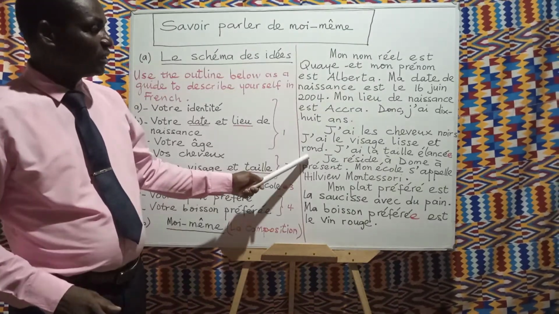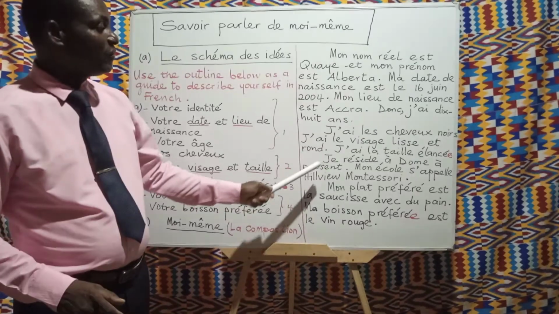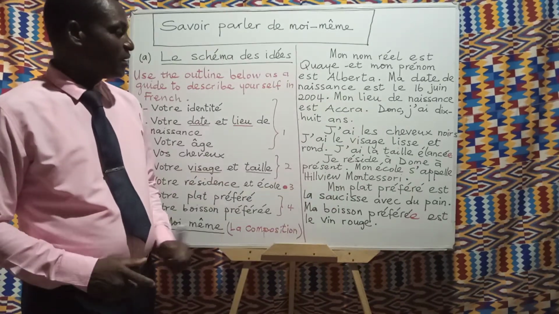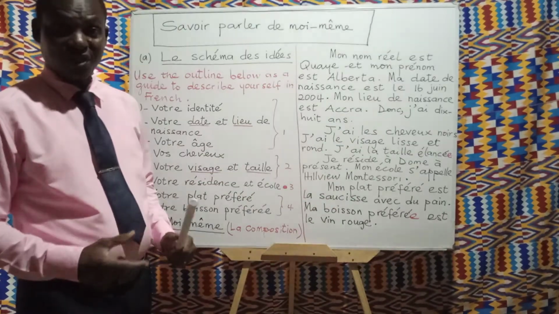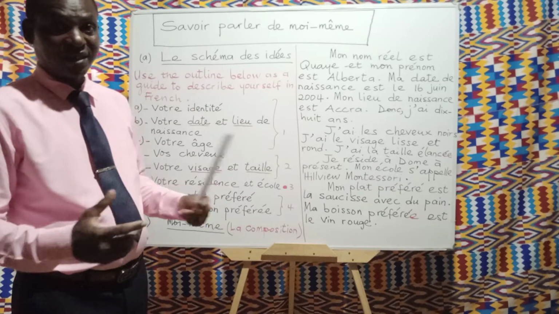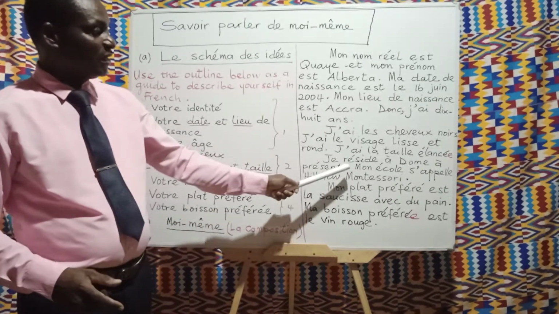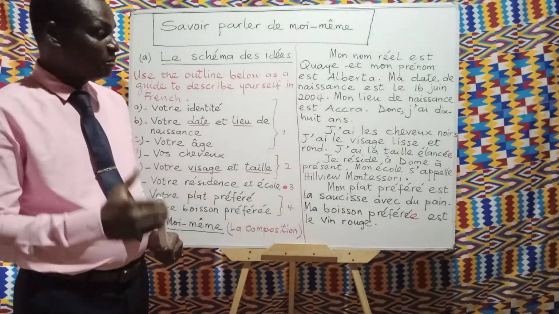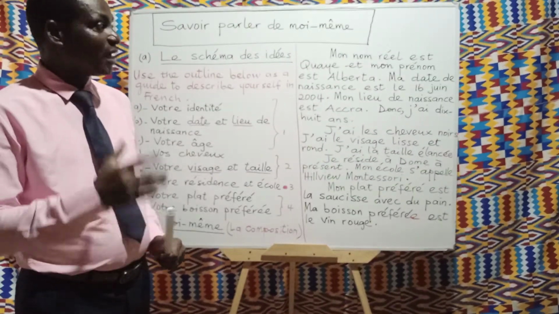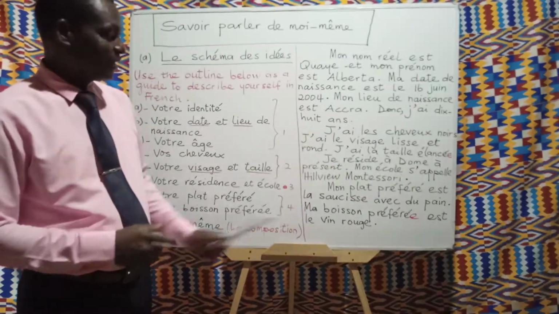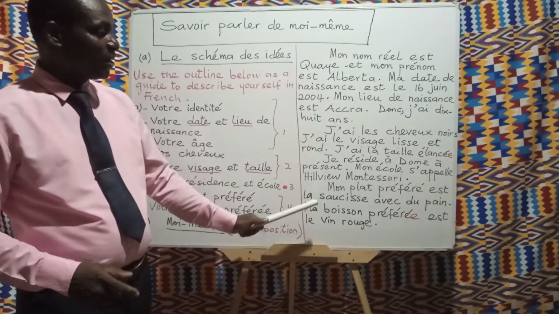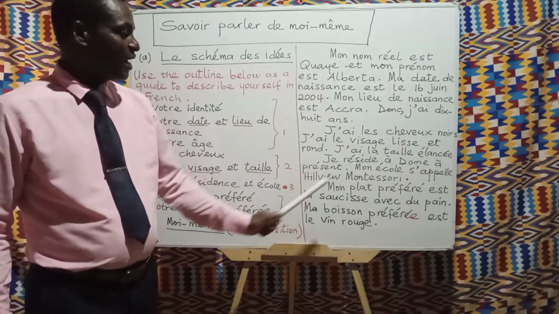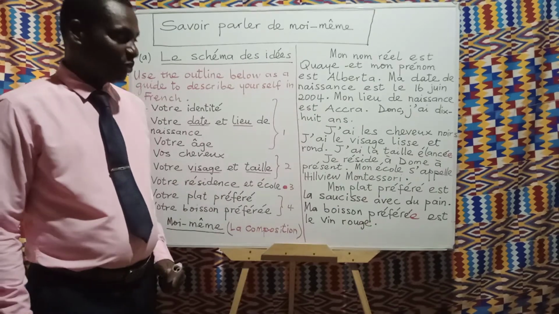Then when we come to the third paragraph, we have je réside à Domé à présent. That is to say, at present, I stay at Domé. And then mon école s'appelle Hillview Montessori. So that is the name of the school Alberta attends. When we come to the last paragraph, we have mon plat préféré est la saucisse avec du pain.